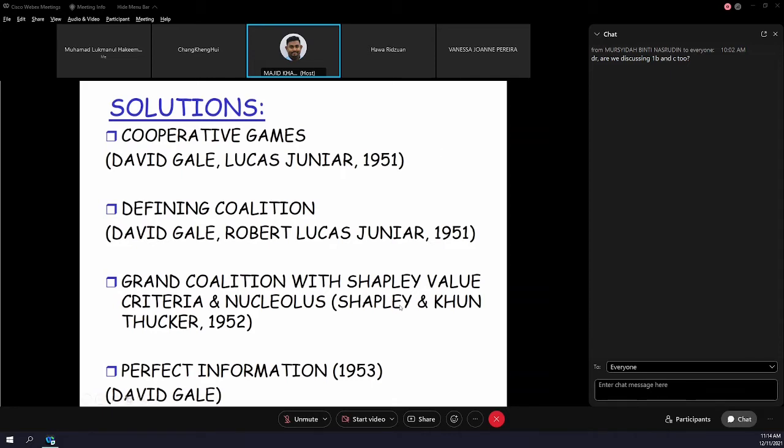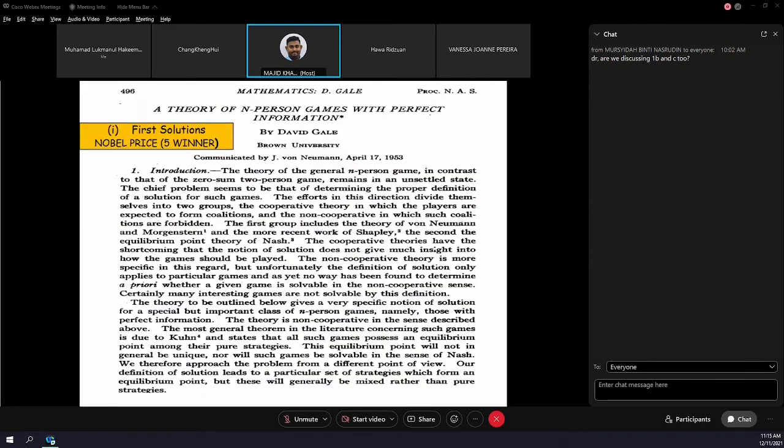Next, we're also going to look at the Shapley value and the nucleolus. And definitely, using perfect information, we can start to look at Bayesian modified game theory. This was the first solution of the Nobel Prize, the first winners, including a theory of n-person games with perfect information. That's why when John Nash published that paper, he did not discuss whether the information is perfect or imperfect.